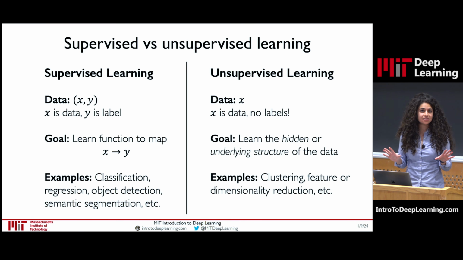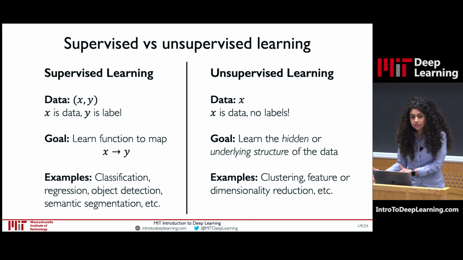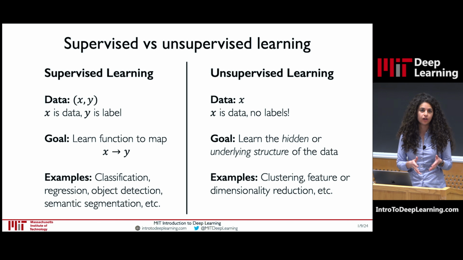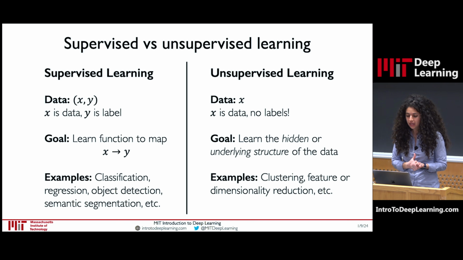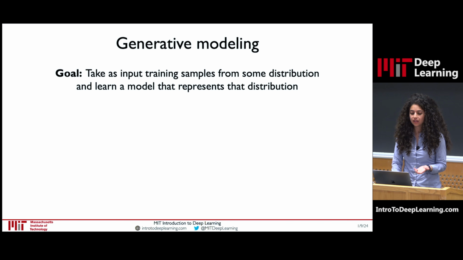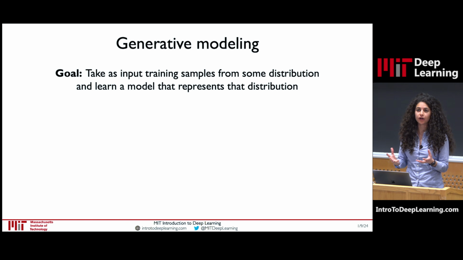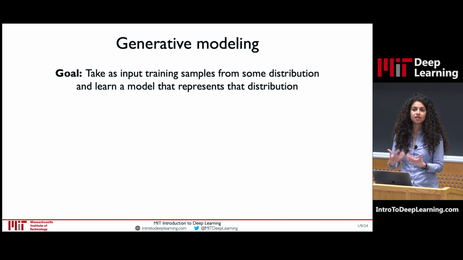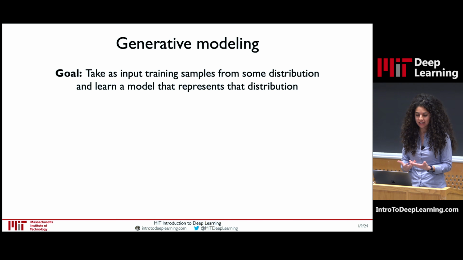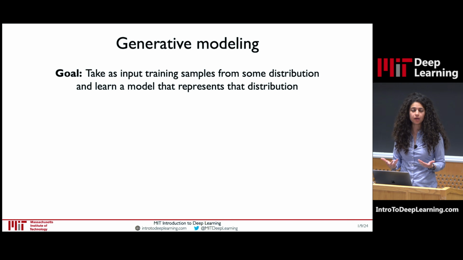This is not exclusive to deep learning and neural networks. There are other techniques in statistics and machine learning that can perform this type of unsupervised analysis. What we're ultimately trying to do is build a neural network that captures something about the distribution of that data, a model that represents that distribution.